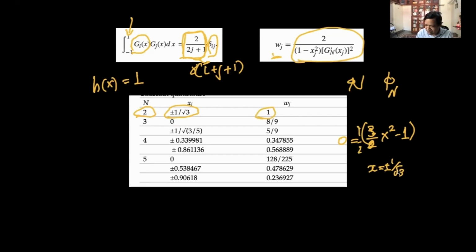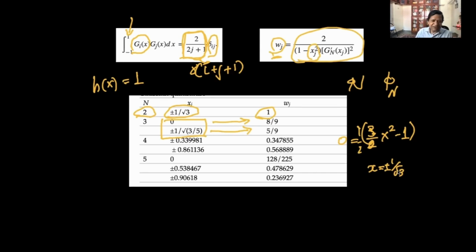Now with 3 points, it's a cubic equation. So there are 3 roots, and the weights will be different, it depends. Please remember Wj depends on Xj. So for 0, the weight is 8 by 9. And for plus minus root 3 by 5, it is 5 by 9. So we have all these weights.